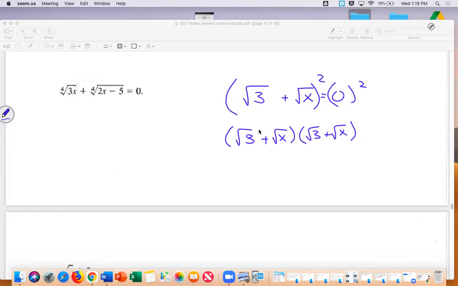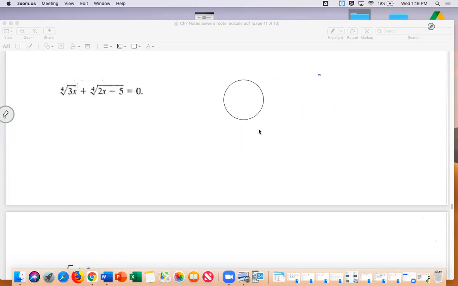Does that make sense? But if I do what Maggie said, and I get one of those terms to the other side, when I square it, just the radical goes away. So Maggie, it doesn't matter which one you move, but you got to move one. Okay? So Maggie, I want to get rid of this 3x because it's smaller and less to write. Is that okay?